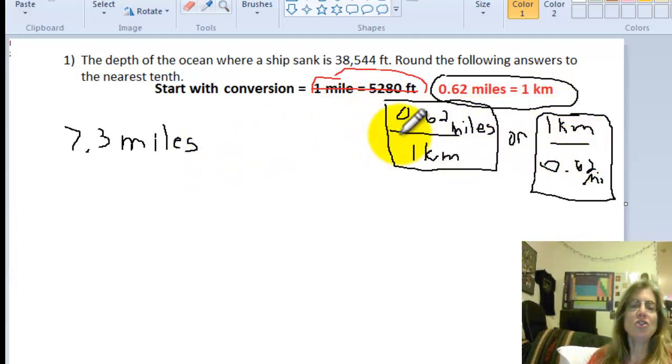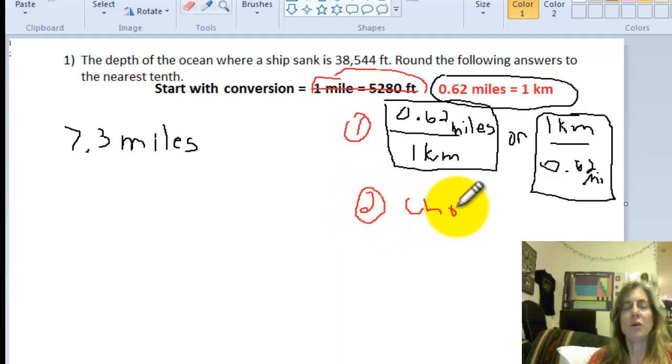You can write this equation either direction. So once we set up the unit fractions, now we choose which one, and how we choose depends on what we start with. We're starting with miles. So we choose the conversion factor with miles in the denominator on the bottom.